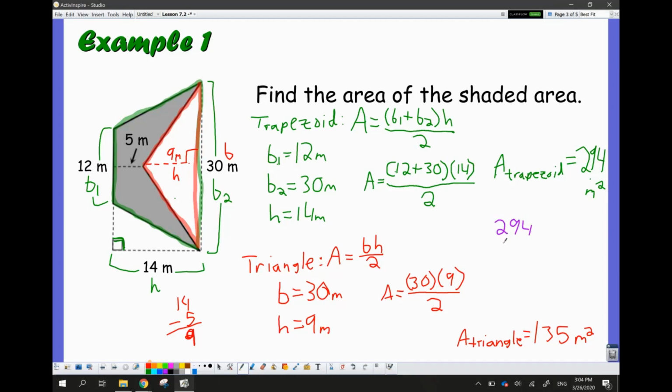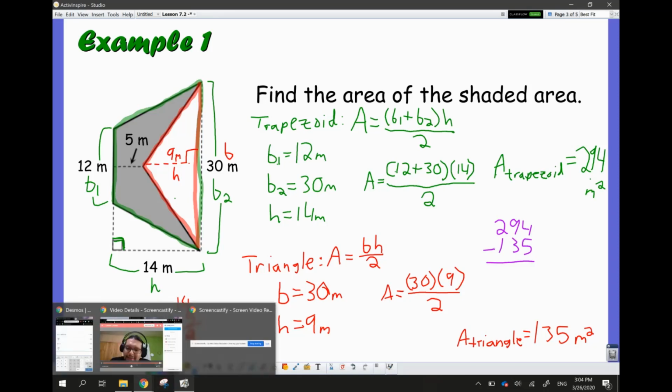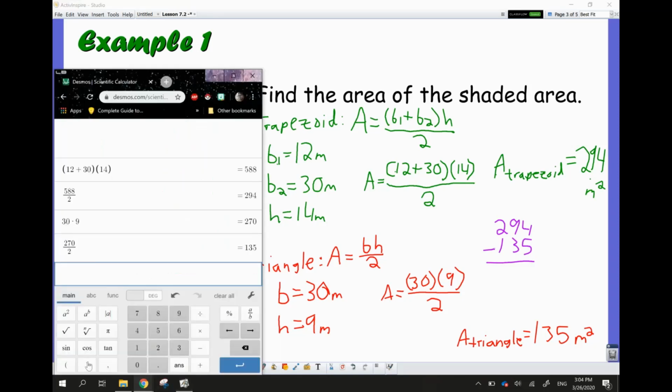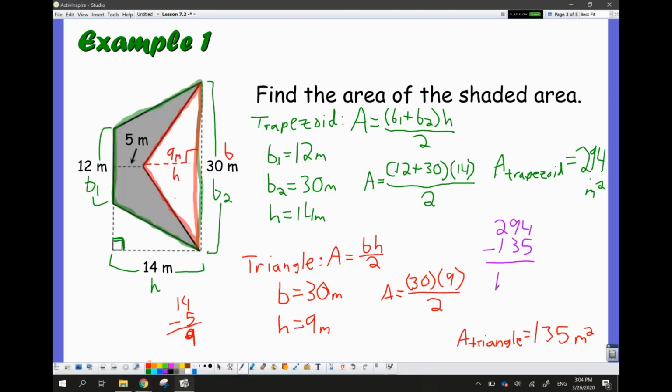The area of the triangle was 135. So if I subtract these, let me go to my calculator. 294 minus 135 gives me 159. So my final answer now is 159 meters squared.